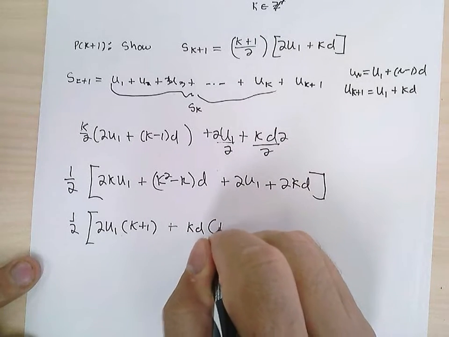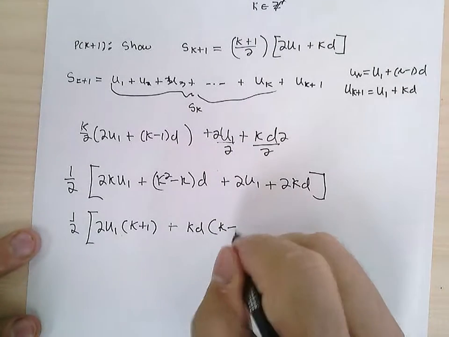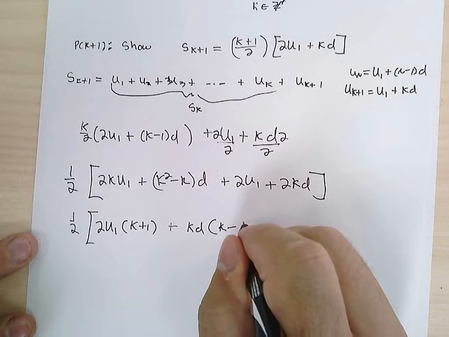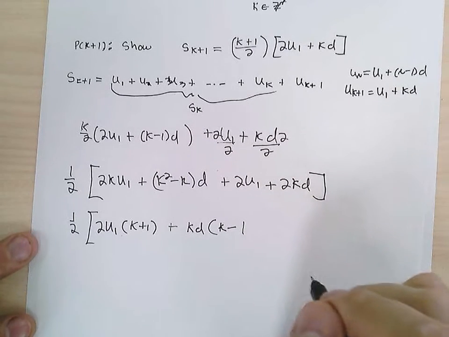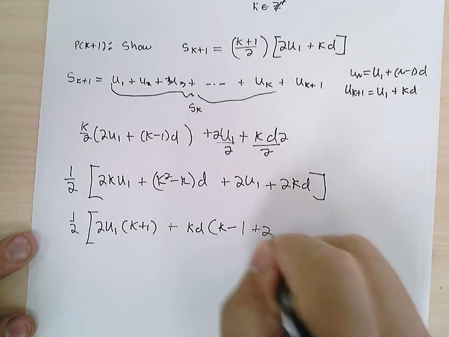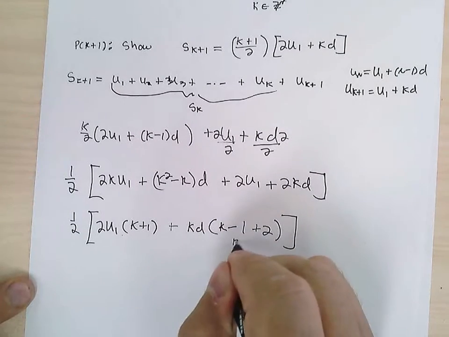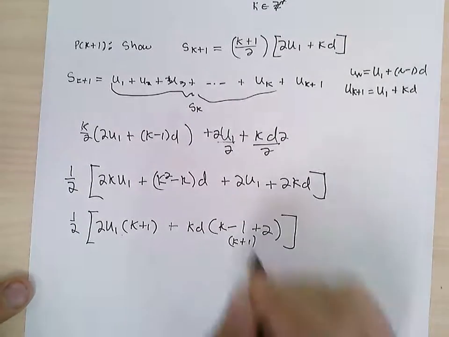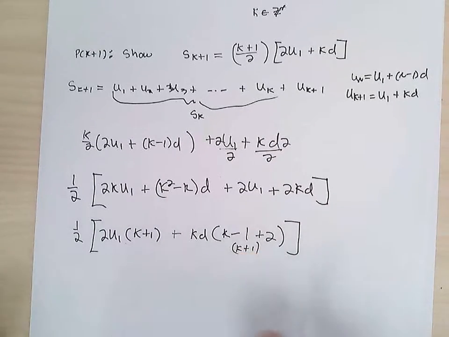I'd be k minus 1 plus 2, right? That's what I'd end up with, right? Which is k plus 1, right? So this guy right here actually is k plus 1, right? Right there. And then now I have k plus 1s in both of them, and I can factor them out.